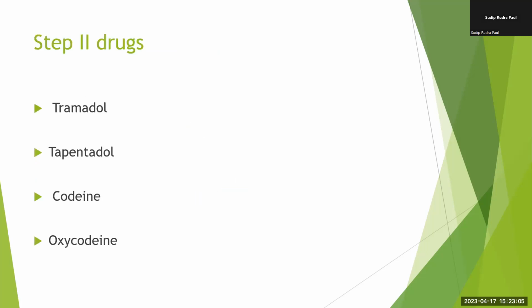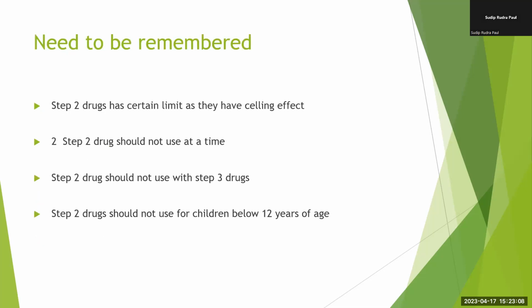Now, what are the nurse's responsibilities, or what do we need to remember, whenever we are dealing with step 2 drugs? Step 2 drugs have a certain limit to use. Those who already know might know that strong opioids we can use according to patient requirement, we can increase the doses.